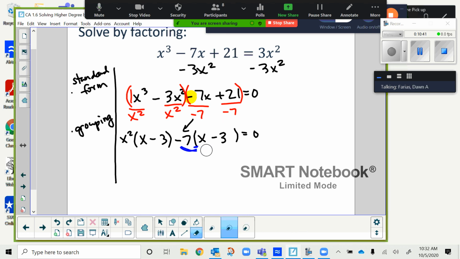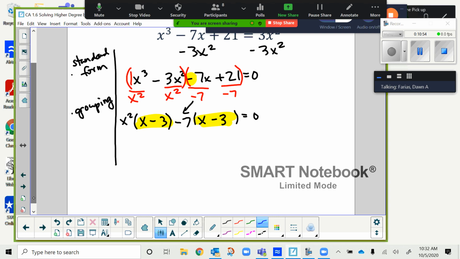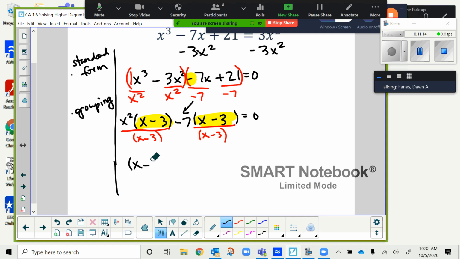Because now we have x minus 3 matching in both of these groups. x minus 3 here and x minus 3 here. So now we think of taking that group, that x minus 3, and considering that as a GCF now, right? If we divide that out of both groups, we would have our GCF out here, the leftovers in parentheses.